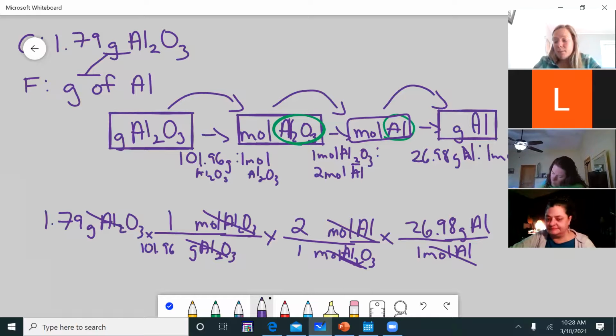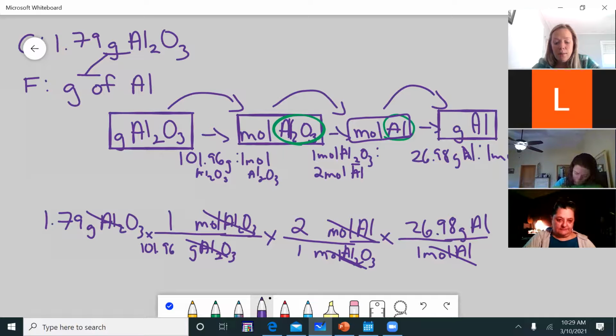So quite a bit of steps, quite a bit of numbers to plug into your calculator, just being careful that you're using your functions correctly. So we got 1.79 times 2 times 26.98, and then divide by anything that's on the bottom.